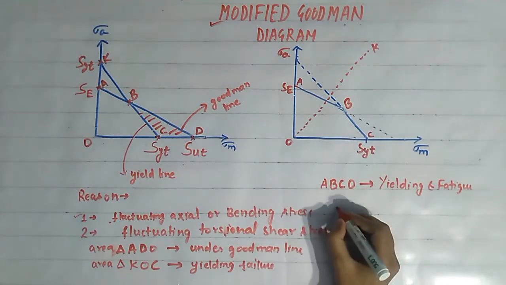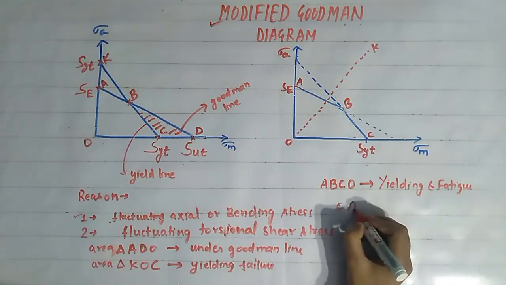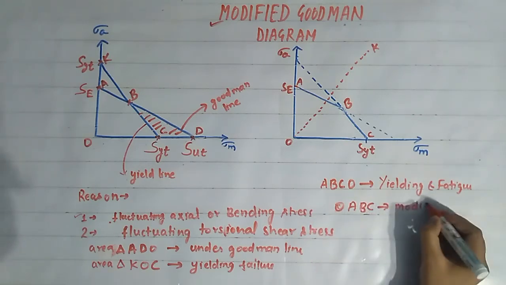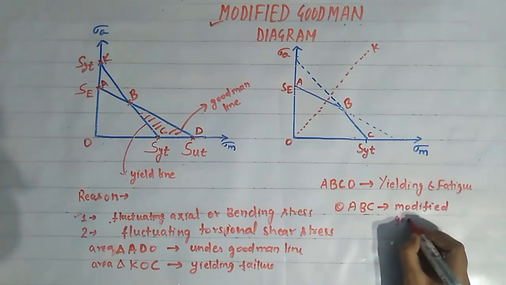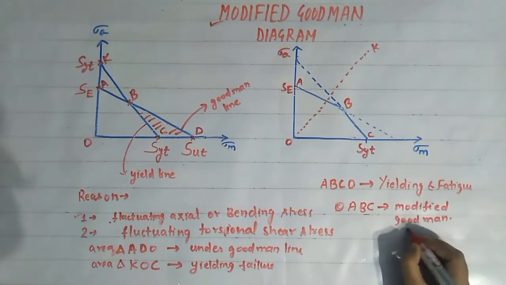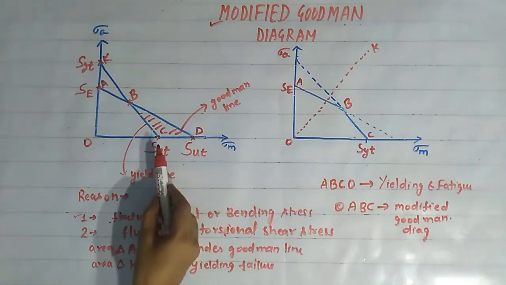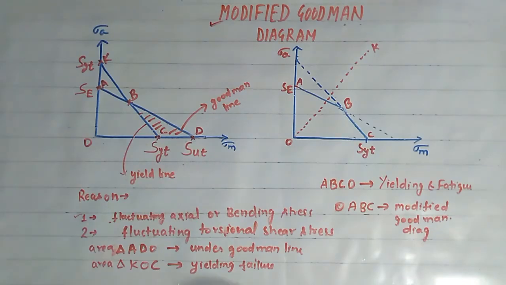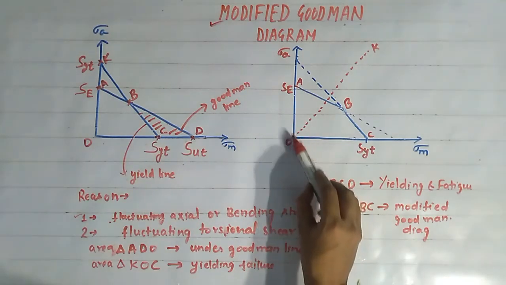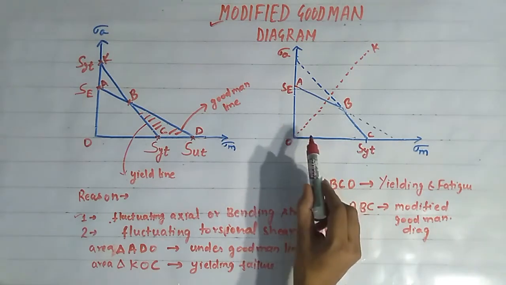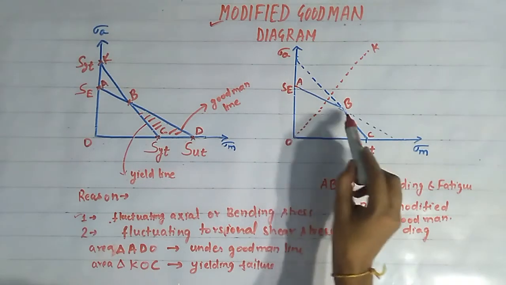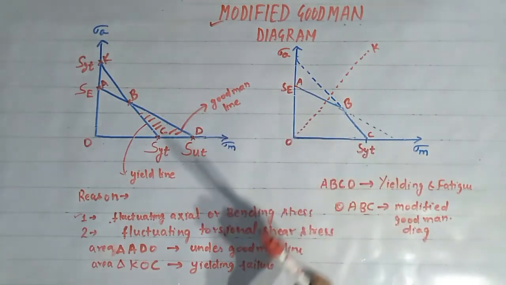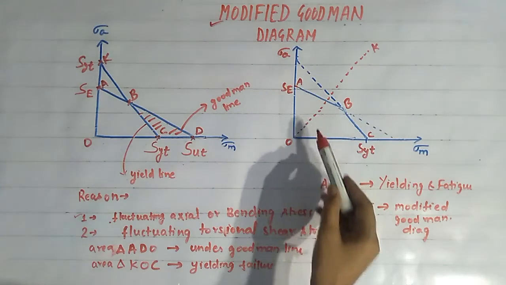That is, the area OABC is the area of the modified Goodman diagram, because we have deleted the area CBD from this area of the Goodman diagram. So any point which lies inside this OABC will be safe for fatigue failure as well as for yielding. So this is the modified Goodman diagram.